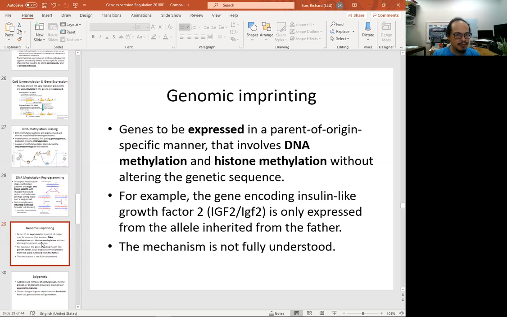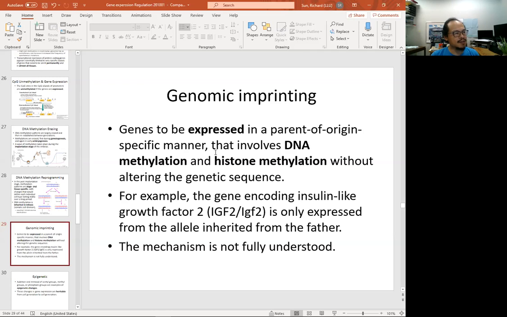The reason is not clear, the mechanism is not fully understood, but it seems they remember what kind of DNA methylation happened in their parents. This is called genomic imprinting, where the expression of a specific gene depends on how the parents expressed it.